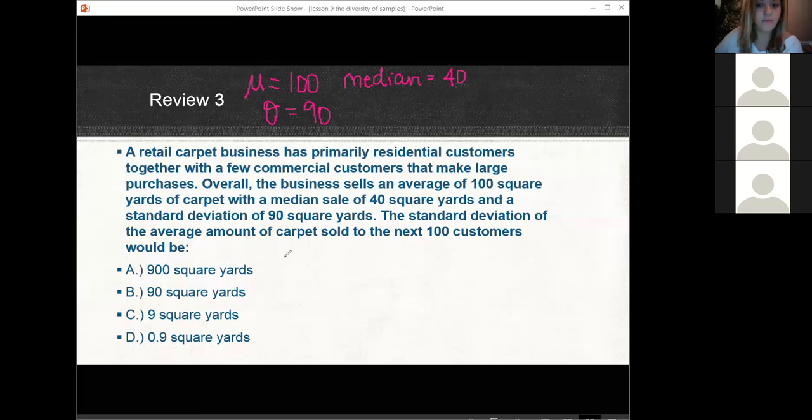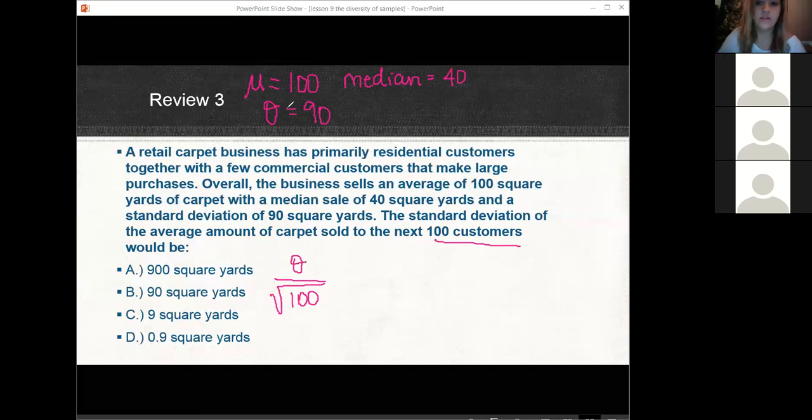Remember, when we're trying to find the standard deviation of this mean, all we want to take is our sigma over the square root of our sample size. Our sample size is going to be the next 100 customers.